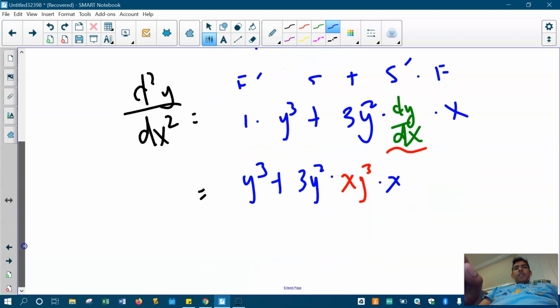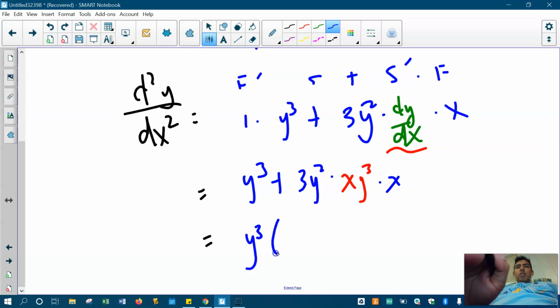Now I could simplify that if I want to. I'm going to factor it instead. So now it's equal to, let's just factor that y cubed out of both of these. Y cubed, parentheses, 1 in the first term plus, looks like I'm left with the 3y squared x squared.